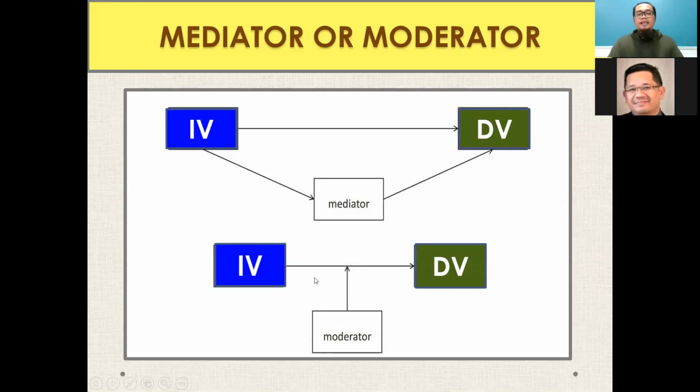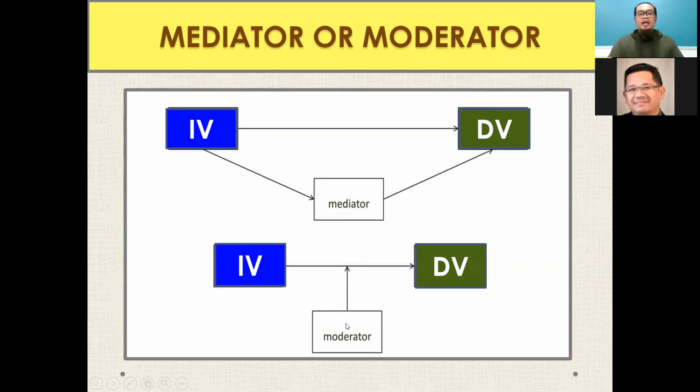But the moderator is different. The IV directly affects the DV, and the moderator is just involved in the direct relationship between IV and DV. The moderator does not give effects towards the DV or IV.